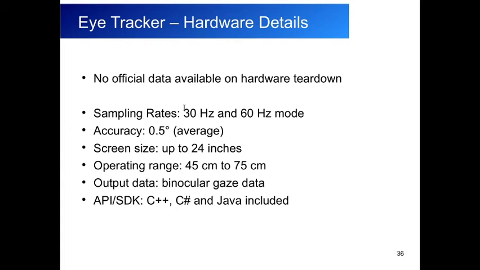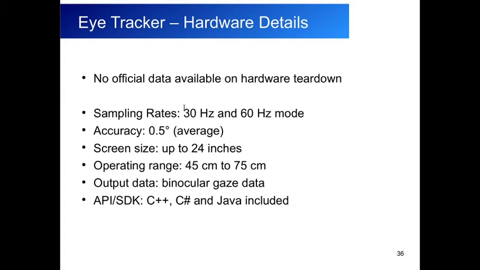There's a 0.5 degrees on average accuracy in the gaze detection, and it can work on screen sizes up to 24 inches. So if you have a wider screen, you cannot use it because it doesn't give you any good answer, and you cannot even calibrate the device.